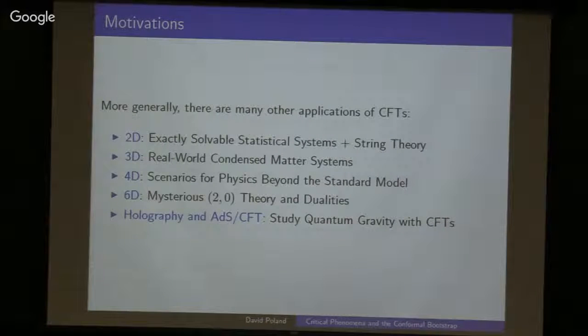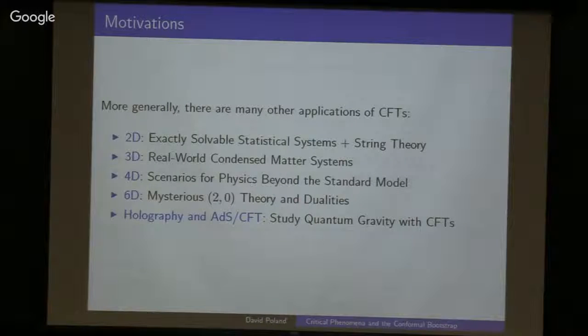And it's even interesting in higher dimensions. For example, there's a 6-dimensional conformal field theory. Actually, it's a superconformal field theory. It has extra supersymmetry, which has gotten the theory community very excited in recent days. It's called the (2,0) theory, which describes how many supersymmetries it has.